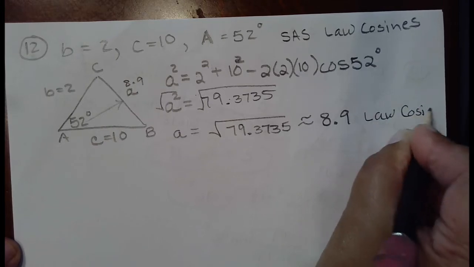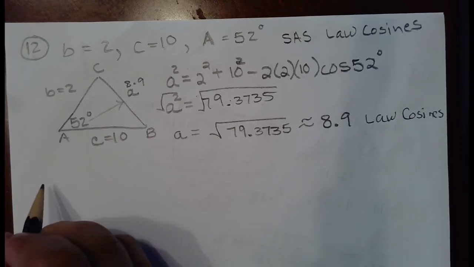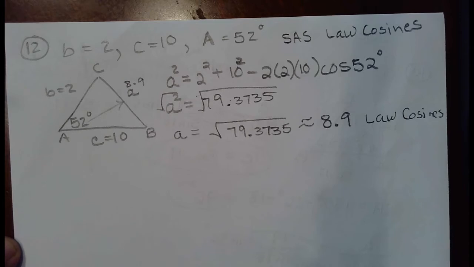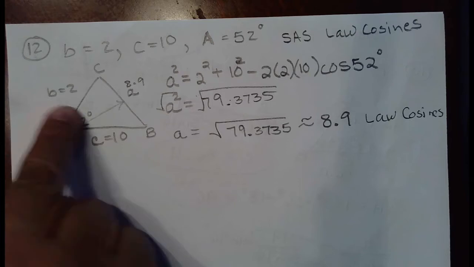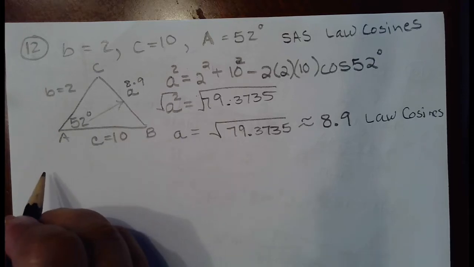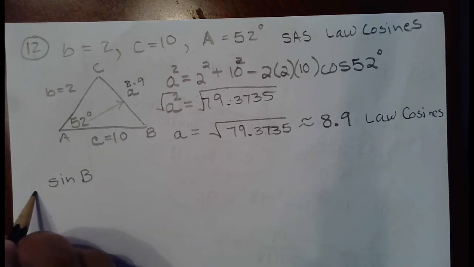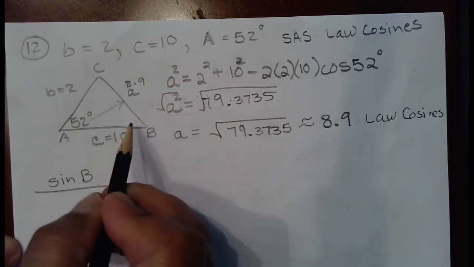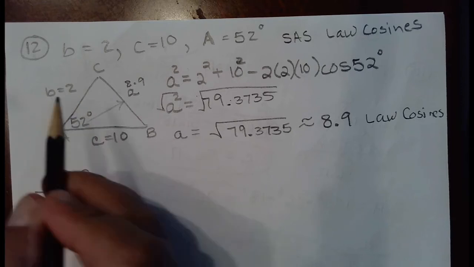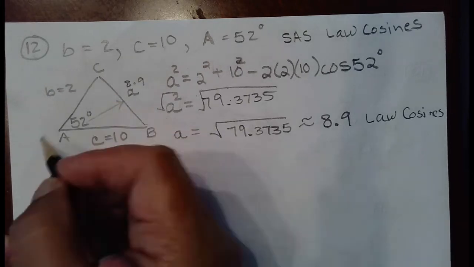I'm looking for an angle, so I'm going to go sine of angle B. I'm going after the next biggest angle first. Next biggest angle will be across from the next biggest side. So this will be 2. And then you can use this complete pair that you have. So sine of 52 across from 8.9. Then you can isolate the expression that has the unknown by swinging this 2 right up into the numerator and putting all of that in the calculator.